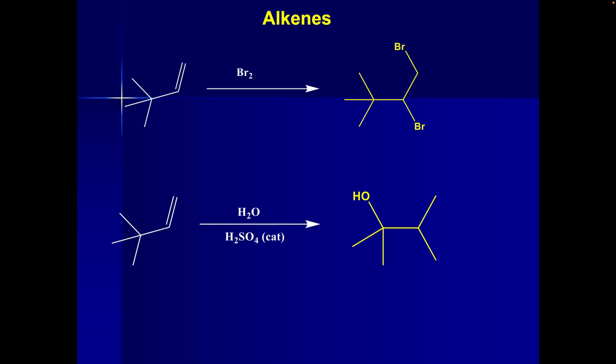And it turns out the more substituents you have attached to a carbocation, the more stable it is. What kind of carbon is this? Primary, secondary, tertiary? It is secondary. And it turns out that secondary carbocations are okay, but they're not as stable as tertiary carbocations.